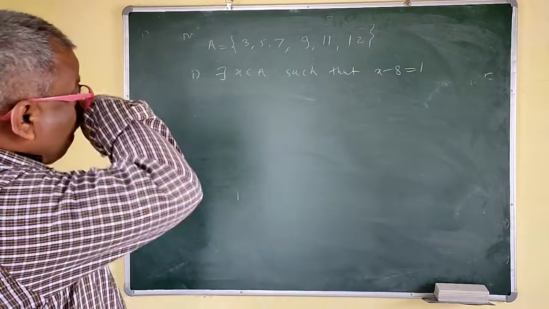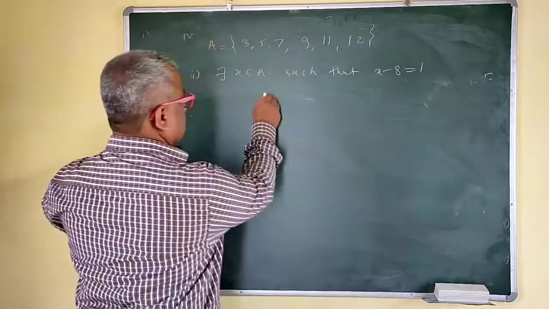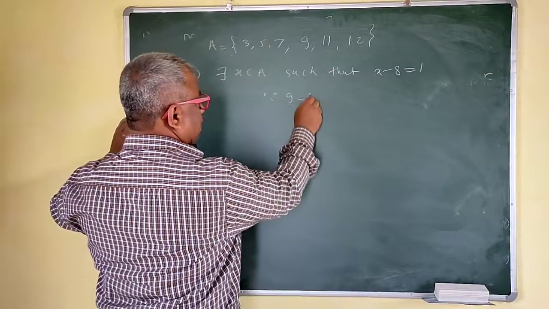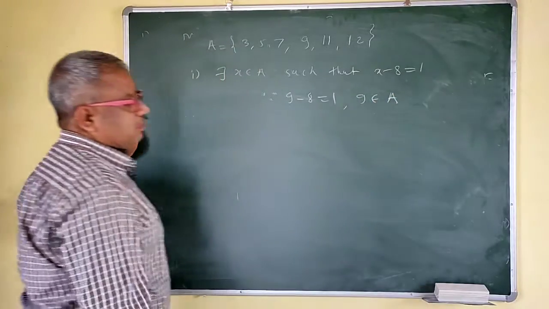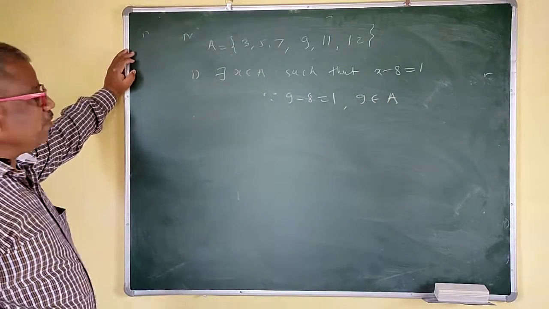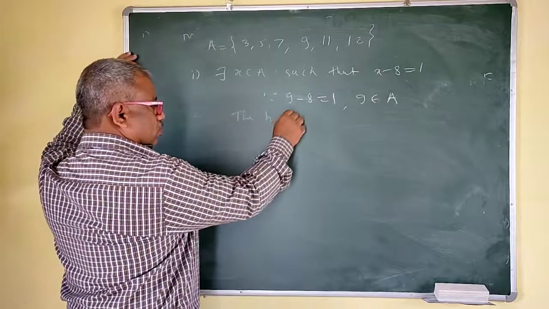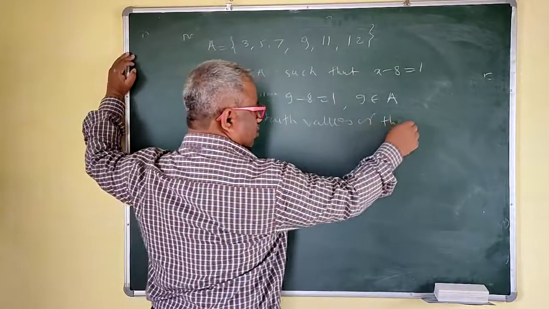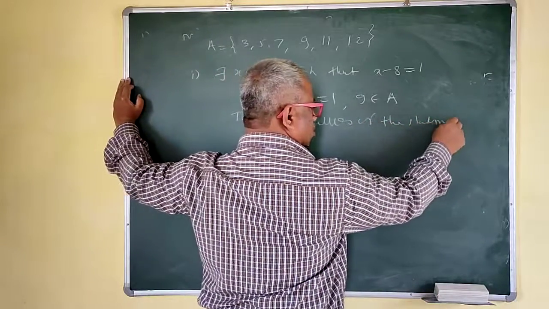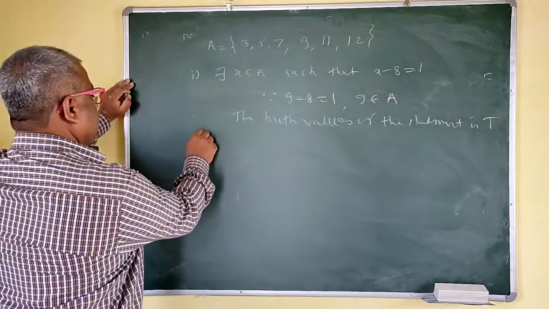Now we'll check whether this exists or not. Since 9 minus 8 is equal to 1 and 9 belongs to A, right? 9 is an element of A. So therefore the truth value of the statement is T.